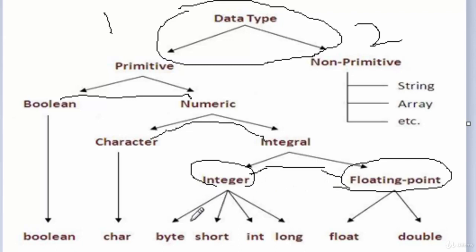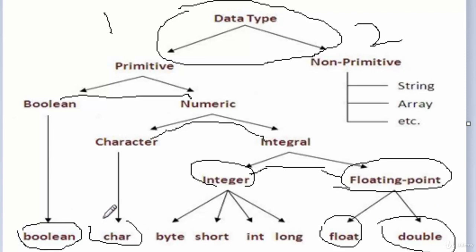In integer we have byte, short, int and long, and on the float side we have float and double. In this course we work with boolean, character, byte, short, integer, long, float and double.